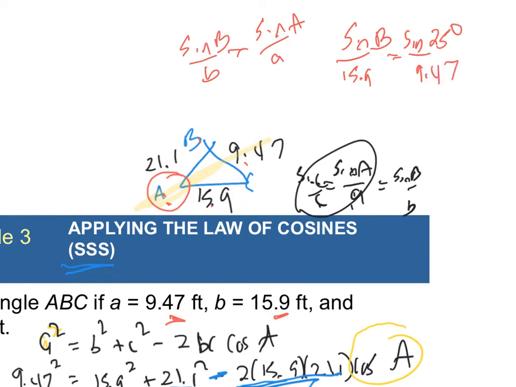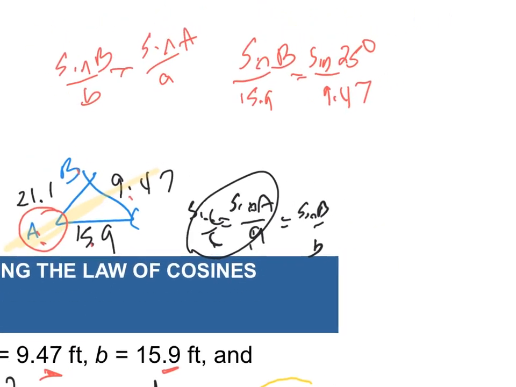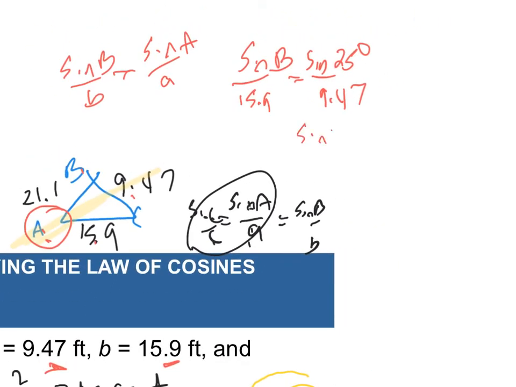Wait, what did I say? I said look for the smallest one. Am I looking for the smallest one? Is B smaller? Yeah, okay. So sine of B will be equal to 15.9 times sine of 25 degrees over 9.47. Okay, so I want to know what angle B is.